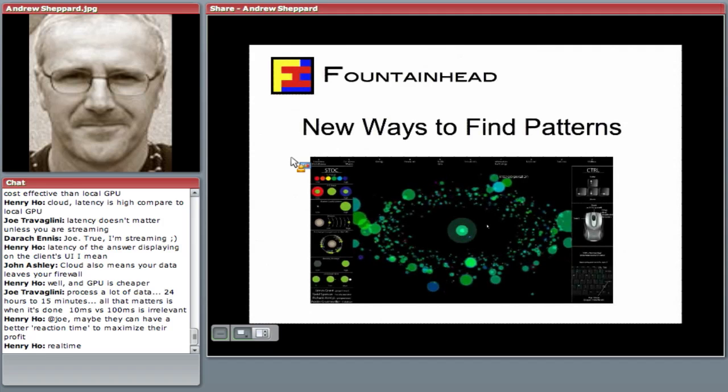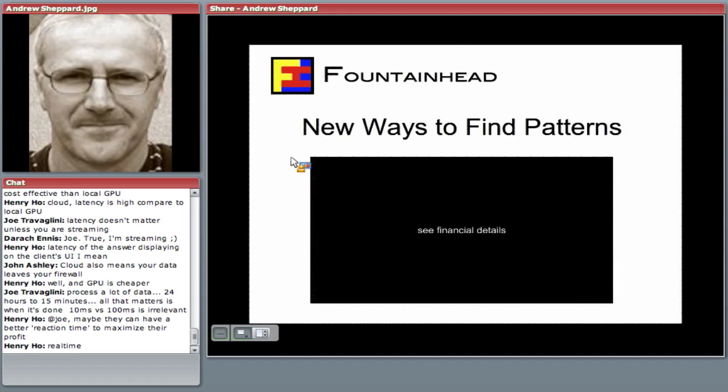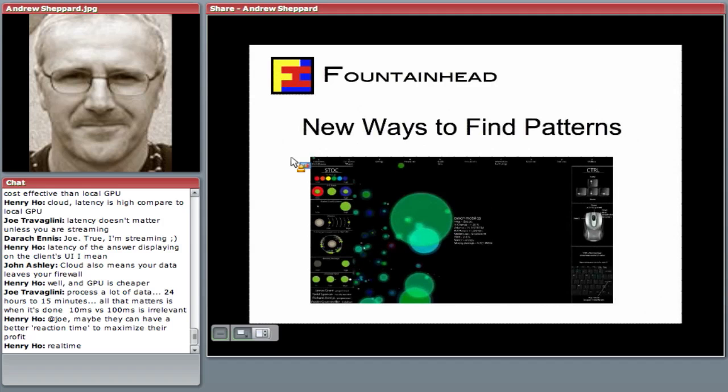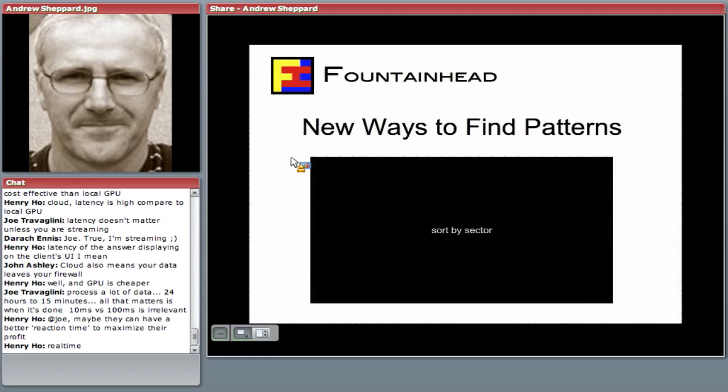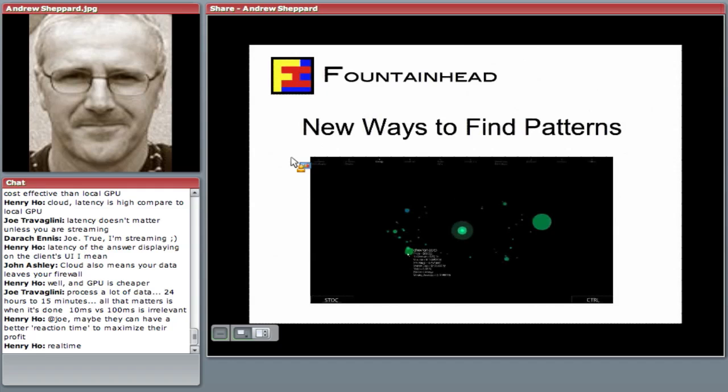But looking at data in new ways will allow us to establish new patterns, not just to make profits, but also to spot risks. So I think there are two sides of the coin. There's profit and there's risk, and these new visualization tools will be very useful, and GPUs will help in that respect.